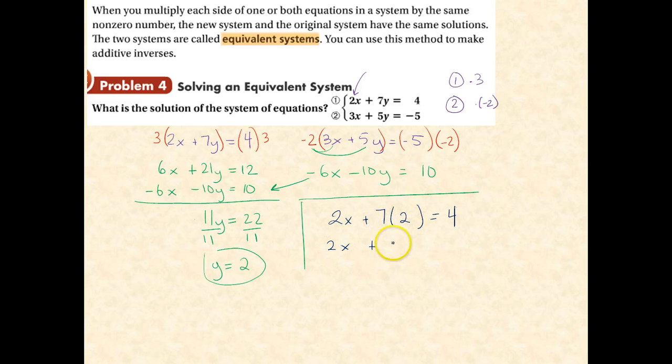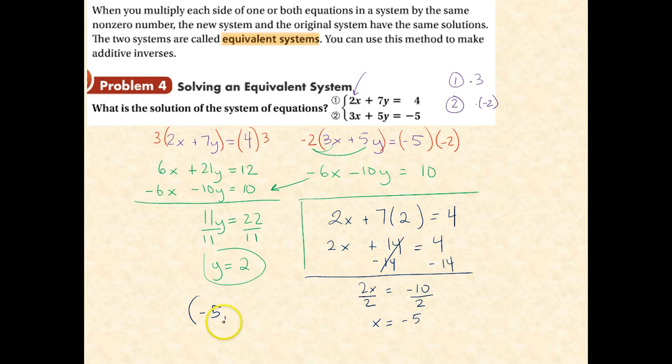So 2x plus 14 equals 4. Subtract 14 from both sides of the equation, and you get 2x equals negative 10. Divide both sides by 2, and x equals negative 5. So my solution is negative 5, 2.